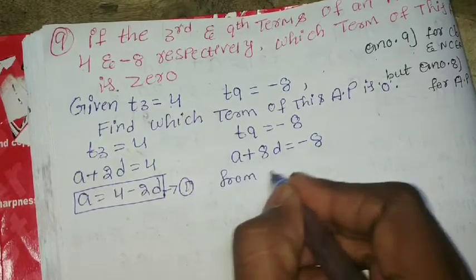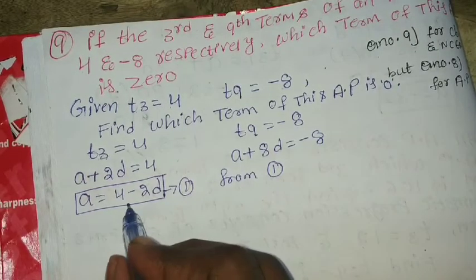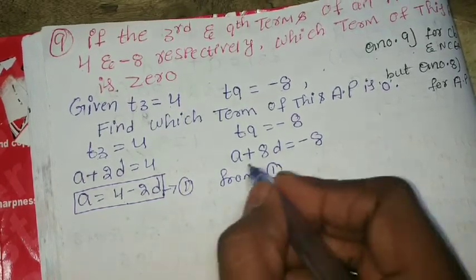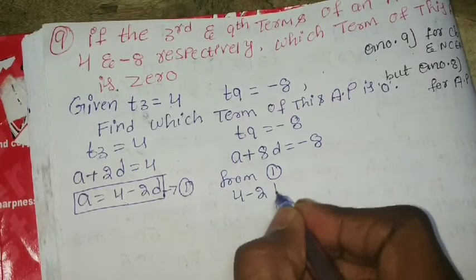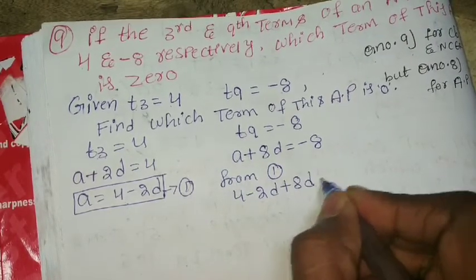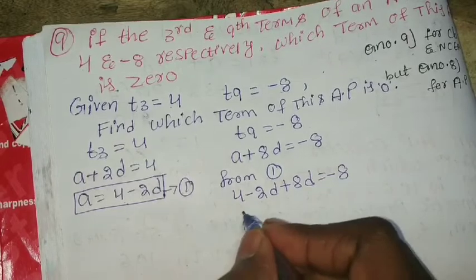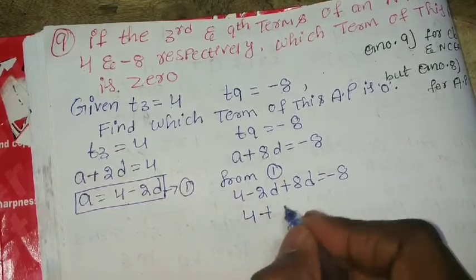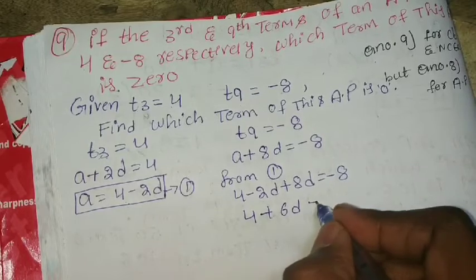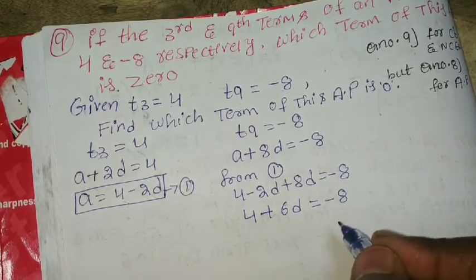From 1, what is A here? 4 minus 2D. So substitute here in the place of A, that is 4 minus 2D plus 8D is equal to minus 8. What is minus 2D plus 8D? Plus 6D. Plus 6D is equal to minus 8.